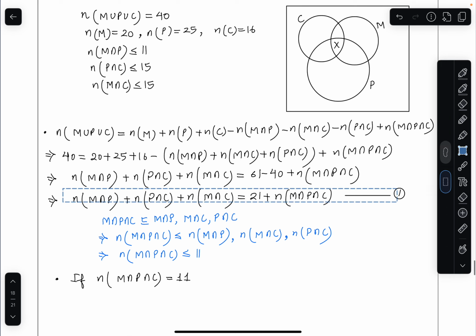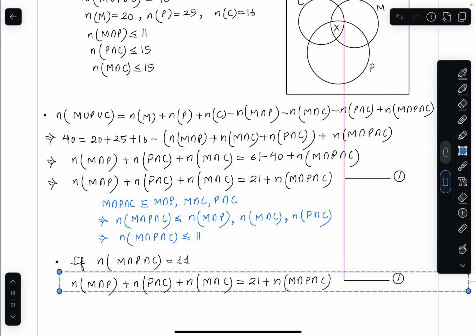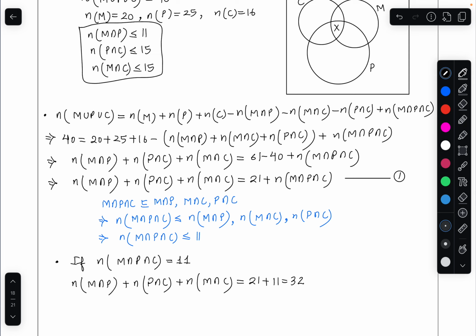If the value of the intersection of the three is 11, then this relation becomes 21 plus 11, which would be 32. But if I go back here, the number of elements in M intersection P is less than or equal to 11.